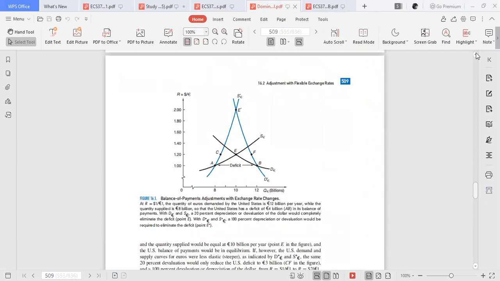Okay, this is Fig 16.1 that we want to refer to. So, what is it saying first?